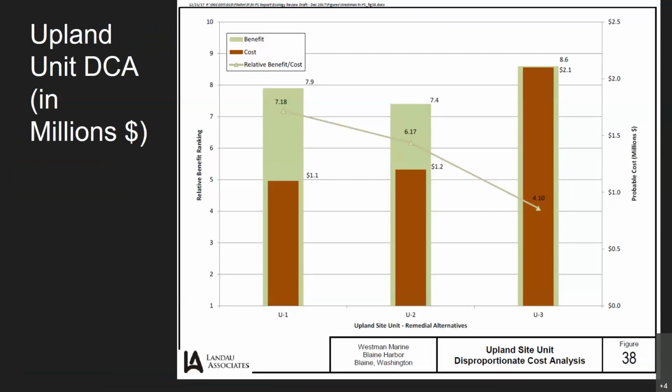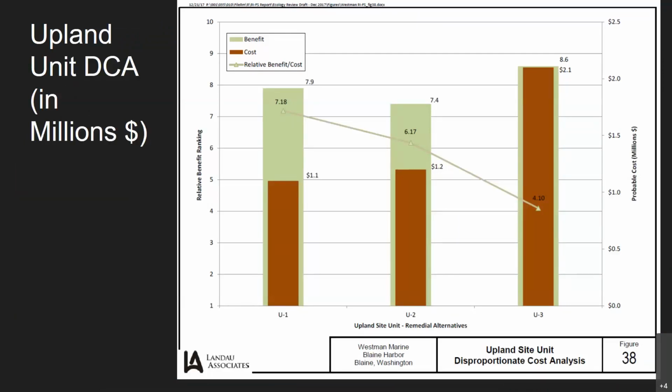And this is the result of the disproportionate cost analysis. This is a histogram. The bars represent, in this case, the green is the relative overall benefit, and the orange is the cost. When those are weighted and averaged, you get a number.